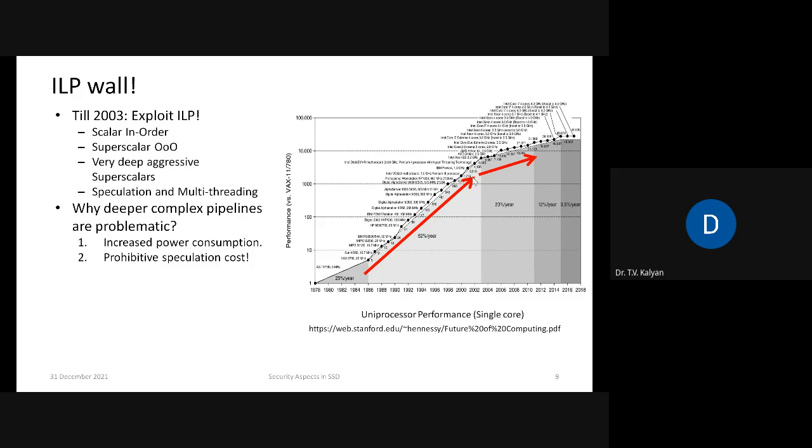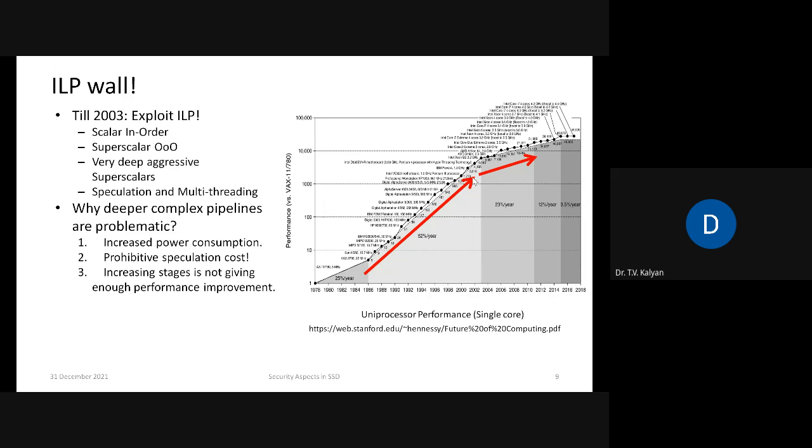In addition, one other problem was the prohibitive speculation cost, because the more instructions we try to execute in parallel, the more penalty we would pay if the speculation goes wrong. Also, just by increasing the pipeline stages, the performance was not improving.